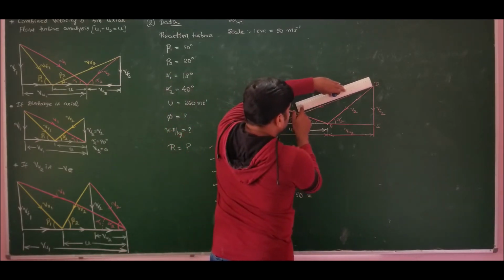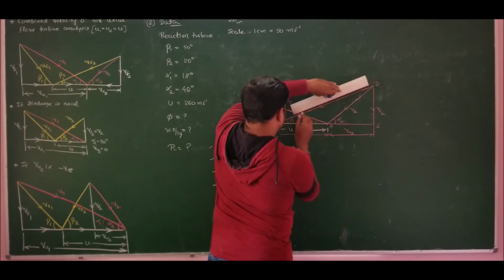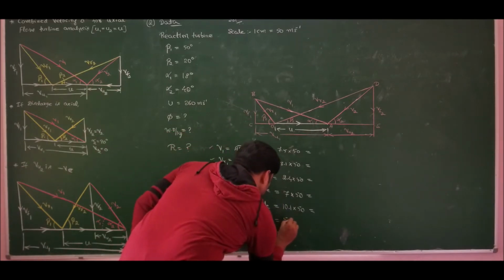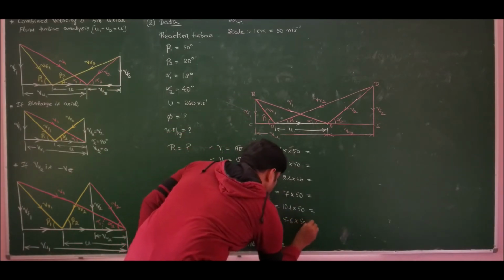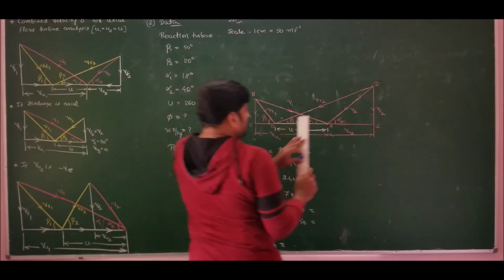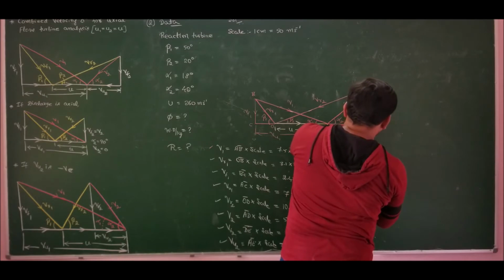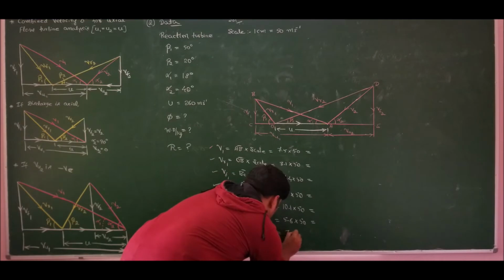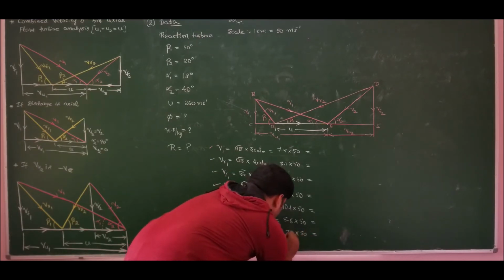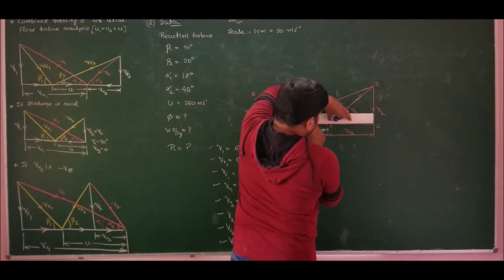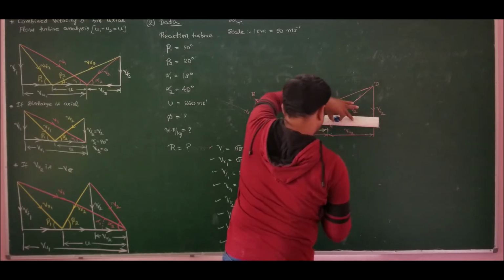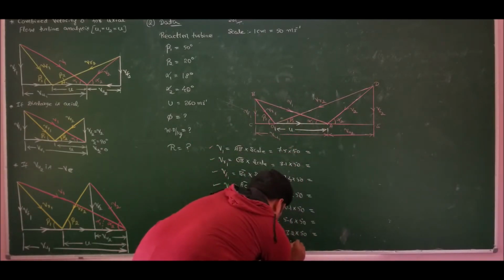So if I measure VR2, it will be 5.6 into 50, and if I measure VF2, I'll get VF2 as 3.2 into 50, and finally we have VU2, which is equal to 4.5 centimeters, 4.5 into scale 50.